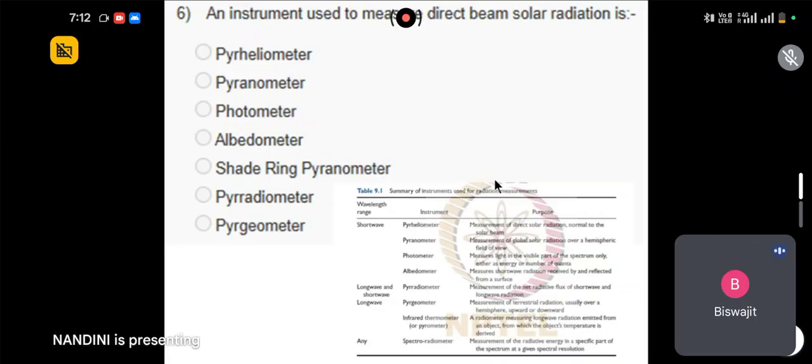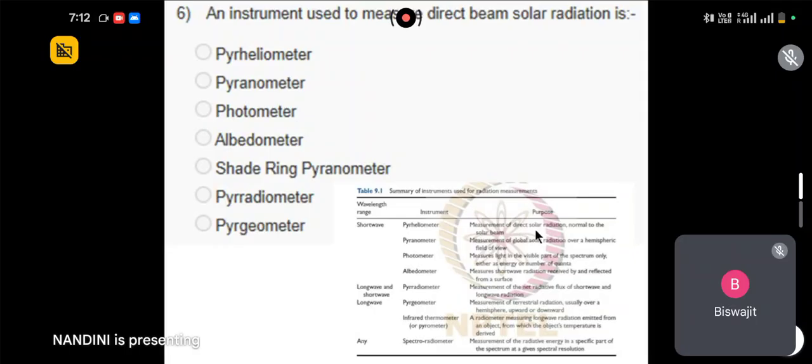I think this Pyrheliometer, Pyranometer. Helio you can connect with the sun, I guess.